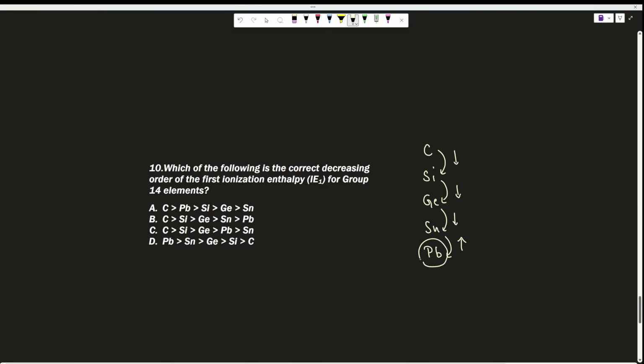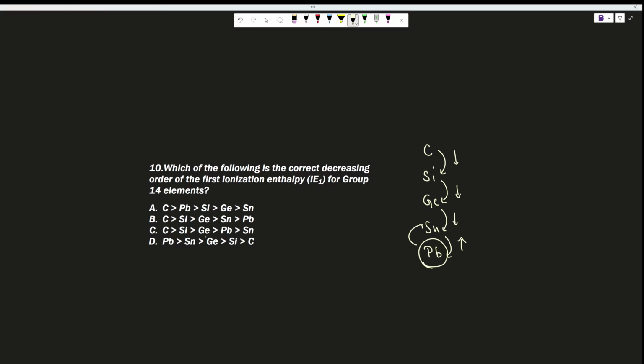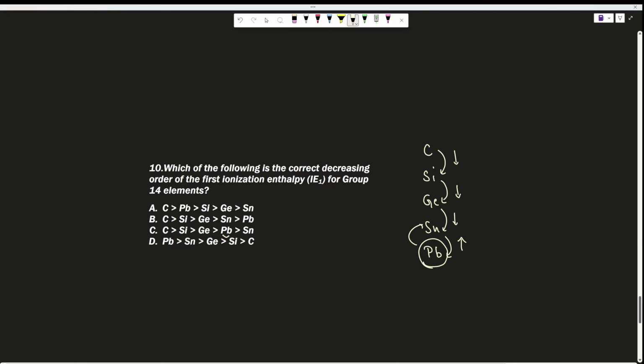That means only for the last element it will be more than tin. So carbon highest, then silicon, then germanium, then just exchange the positions of tin and lead. So lead first, then you have to write tin. So it is option C.